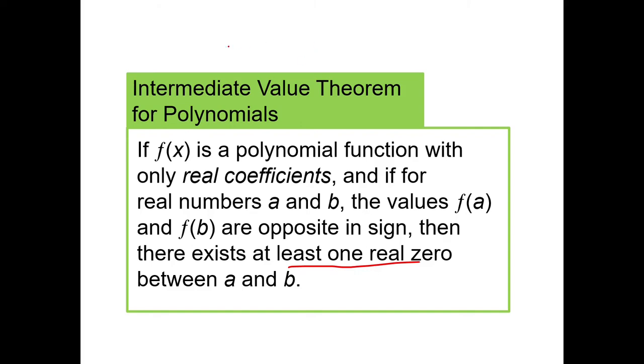What that is saying is essentially if f of a is a point on the graph that is below the x-axis and f of b is a point above the x-axis, then at some point we have to cross the x-axis if our function is continuous, so there must be a zero between the points a and b.